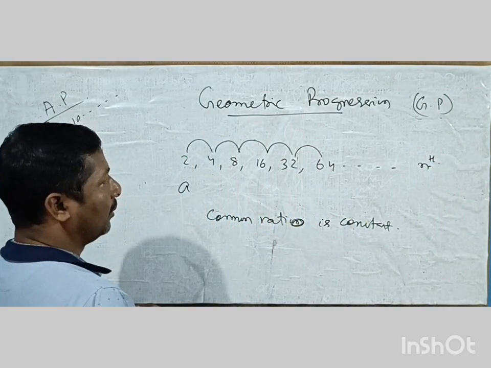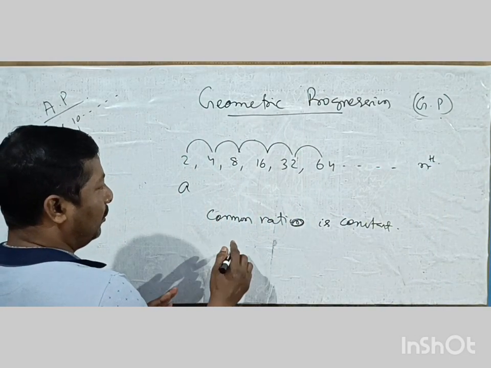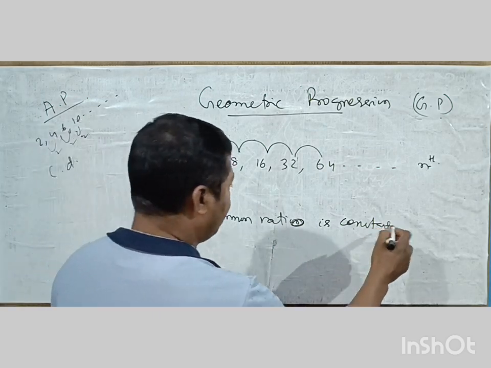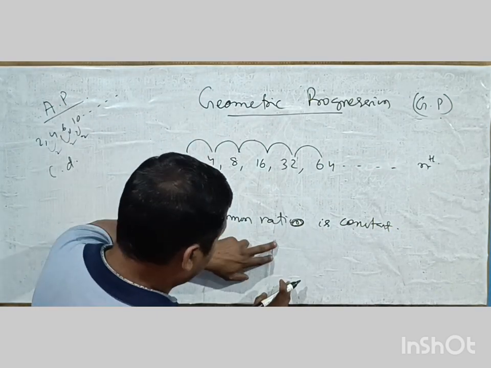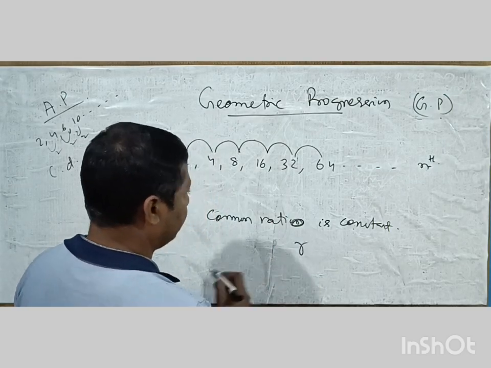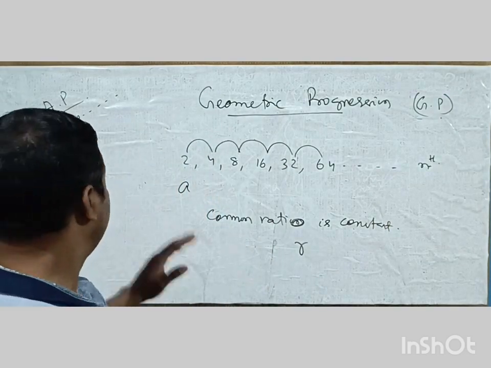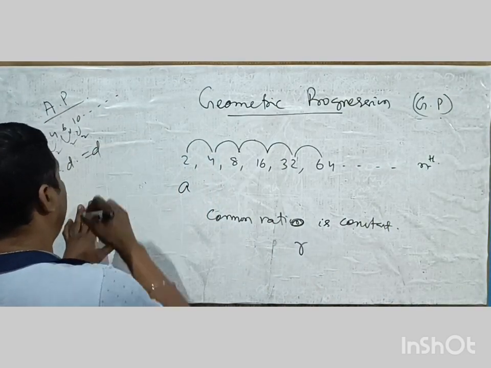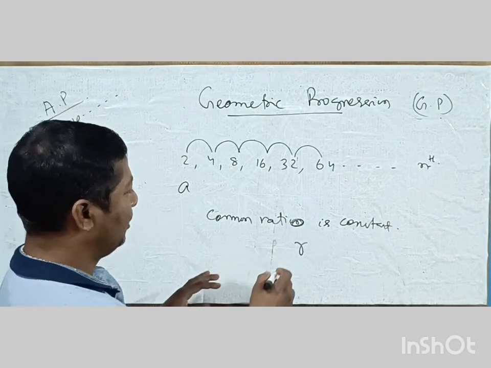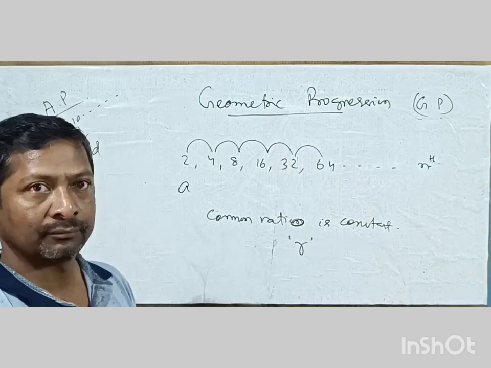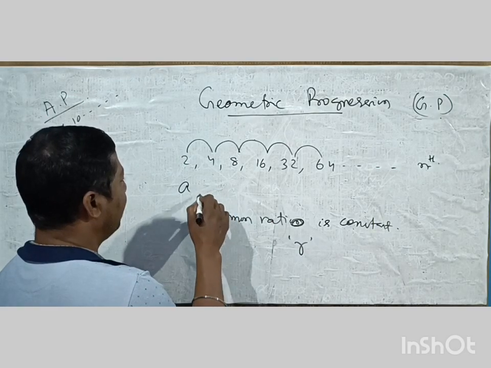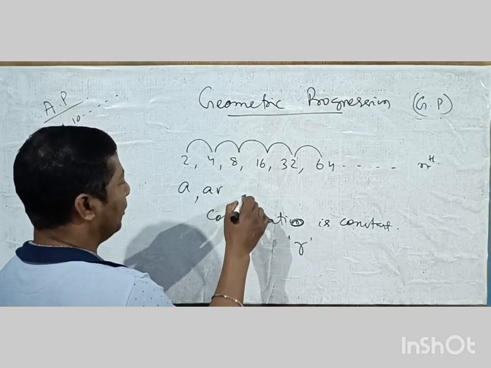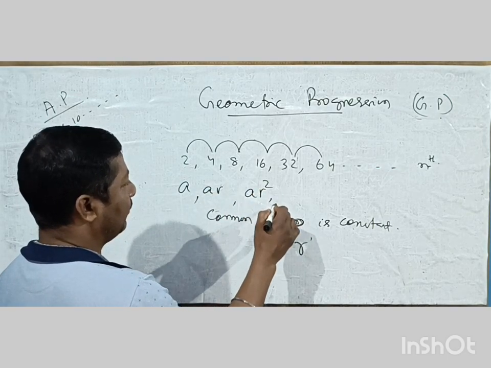So the constant term is called R. Here it is called D, common difference. The common ratio is called R. So the next term will be AR. The next term will be AR square.